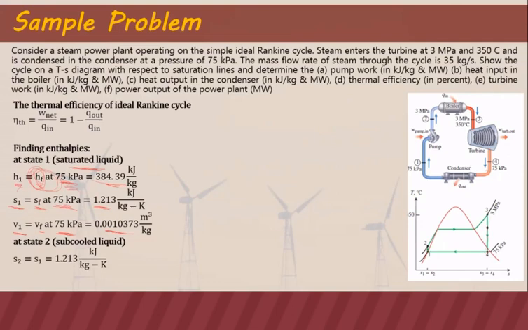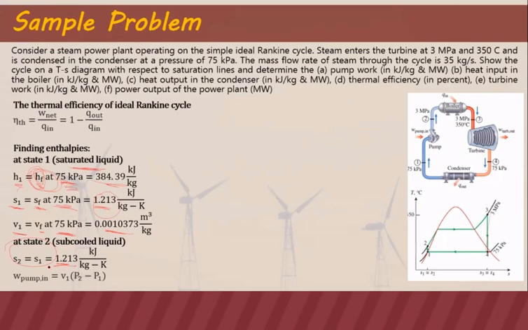So we can see that s1 is equal to s2 because this is a vertical line. If that is the case, then our entropy at state 2 is just equal to the entropy that we got in state 1, and that is 1.213. They are just the same. We will need that to compute the variables that we will need later on.